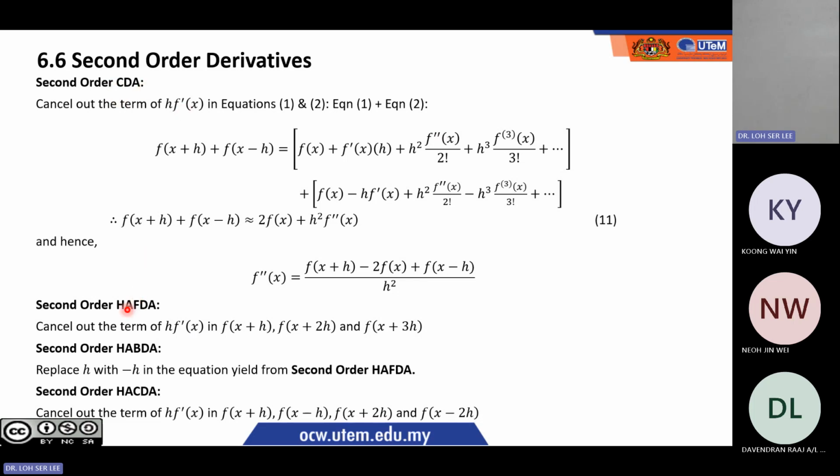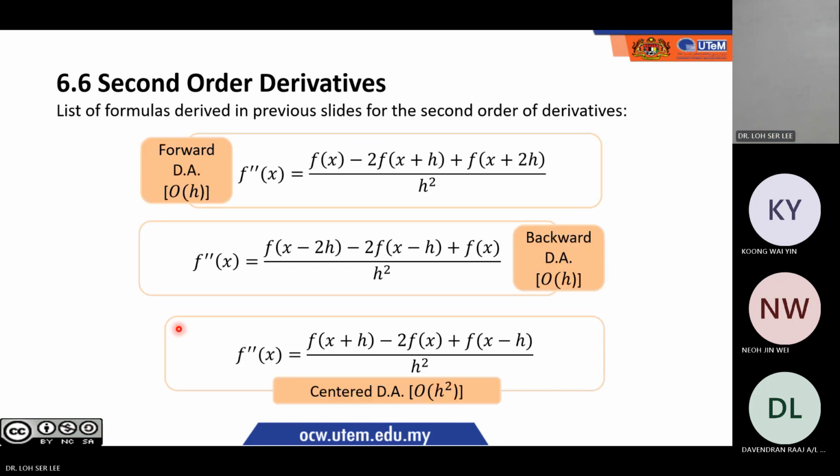To get the high accuracy forward difference approximation, we make use of the formula from this, then we cancel out this one. You can try this if you want to know how to get the formulas. These are the instructions on how to get them.